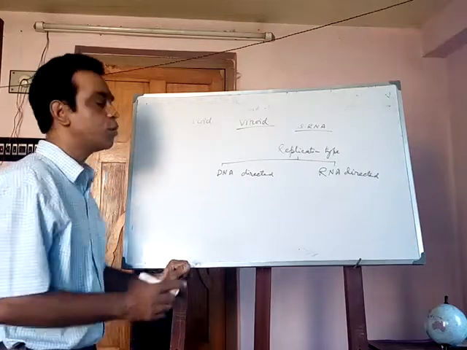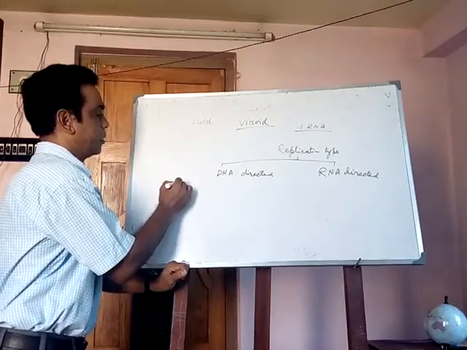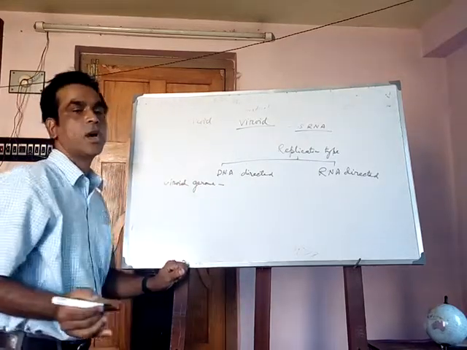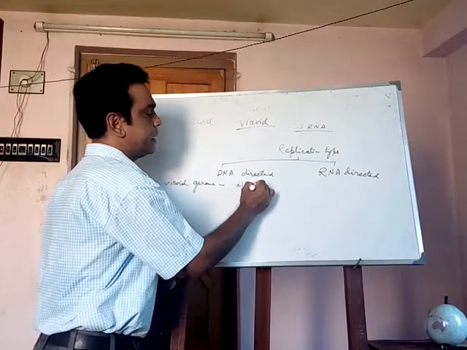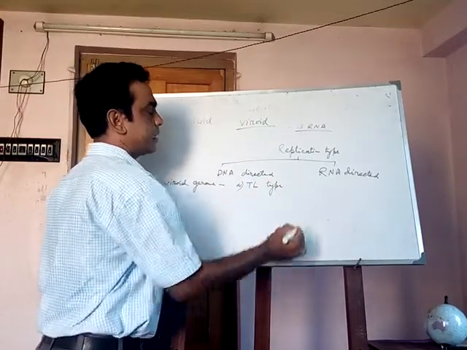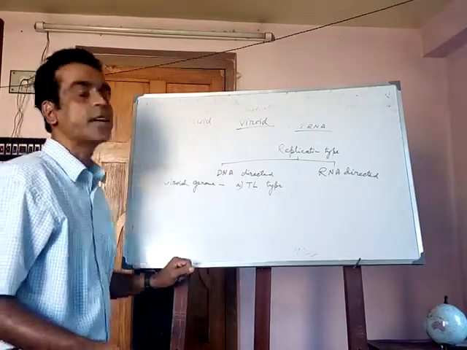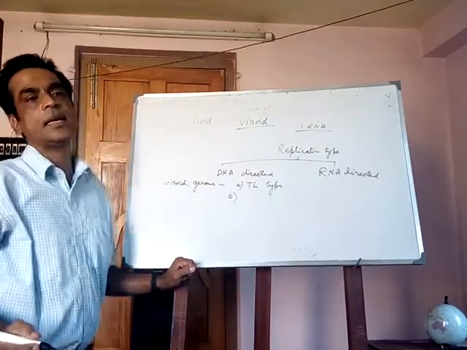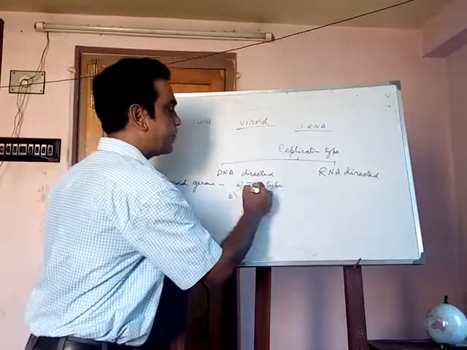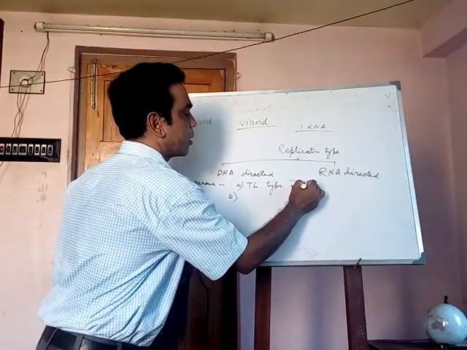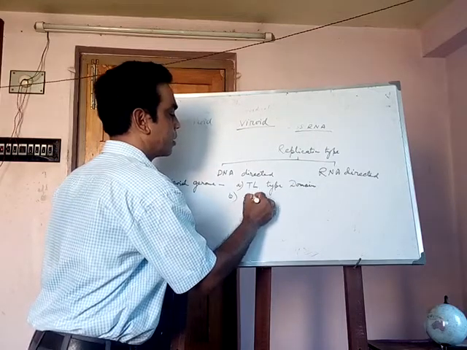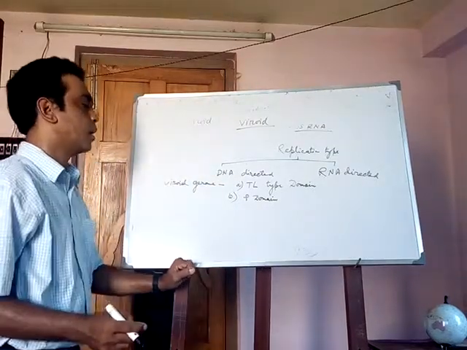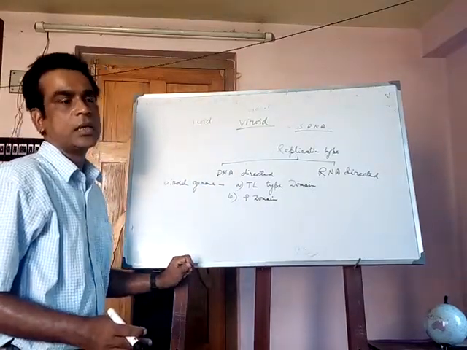Now, the viroid genome. The viroid genome has: one, the TL type, that is the left terminal domain. Two, the P domain, the pathogenic domain, that is the central base which controls this type of genome.